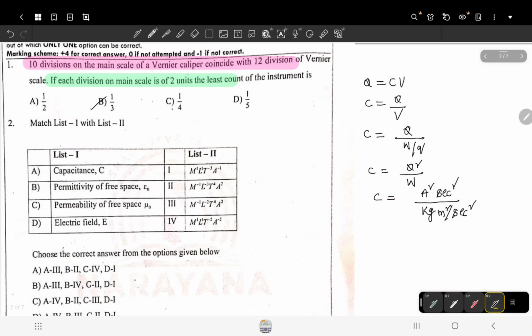Therefore the answer will be M power minus 1, L power minus 2, T power minus 4, and A square.